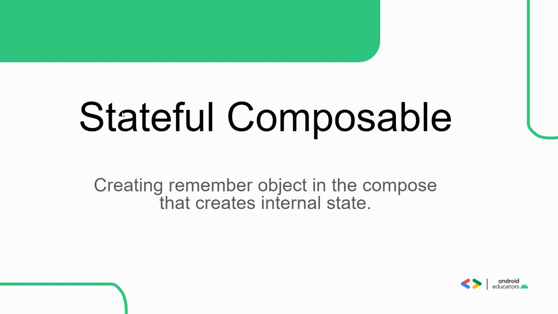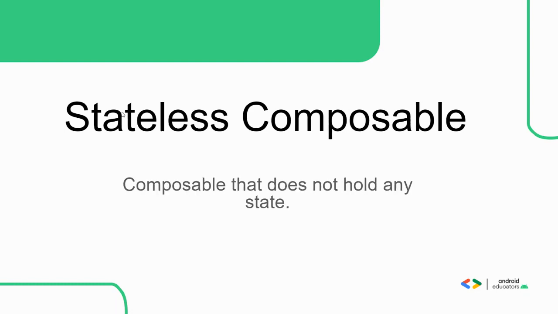The disadvantage is that now another compose which is calling your compose cannot update the internal state, because the internal state is for that particular compose, and other composes cannot update it. So now your function becomes stateful. And stateless is basically when the composable does not hold any state.